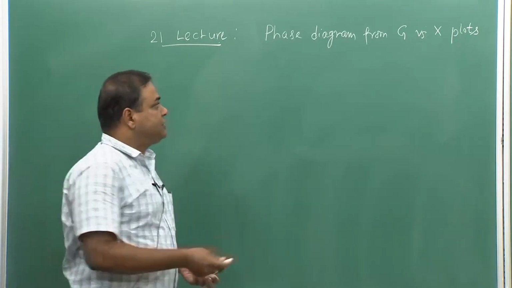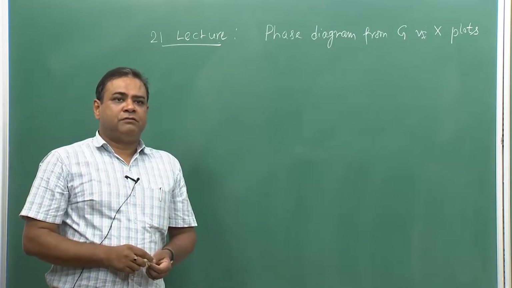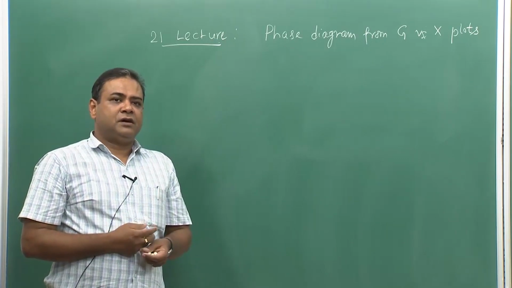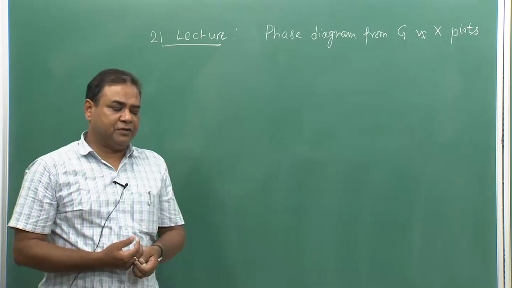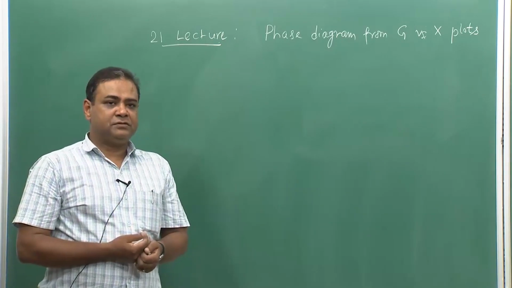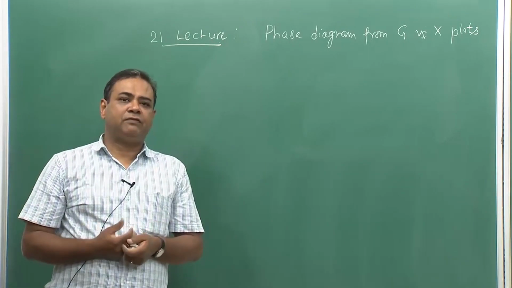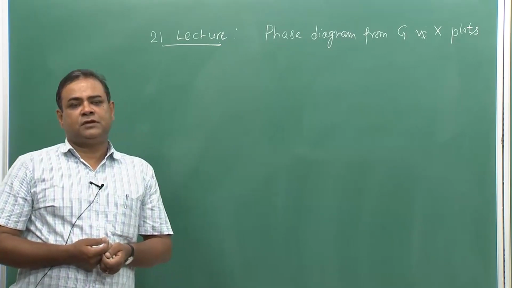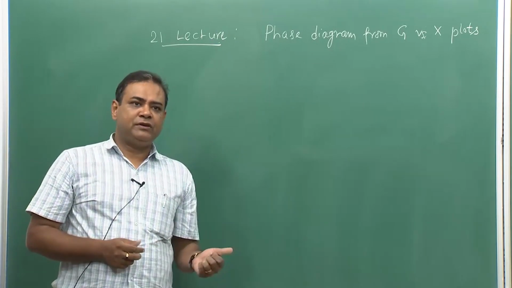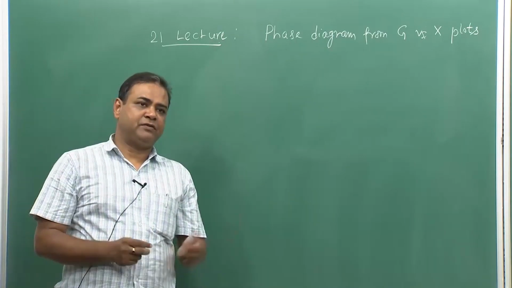Now, in the last two lectures we have talked about phase diagrams, and we have also seen different kinds of phase diagrams in case of solid to liquid transformation, in case of solid to solid transformation. In case of solid to liquid, we have taken the example of an isomorphous system where both the components are completely miscible in liquid as well as in solid over the entire composition range from 0 to 100%.